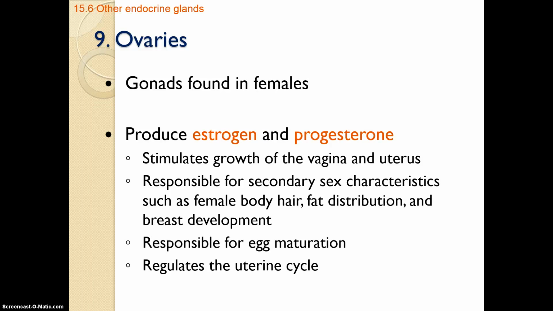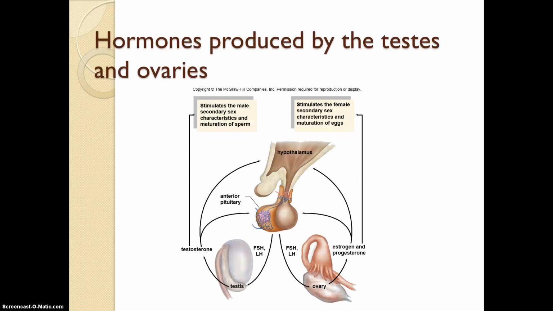For females, it's all about the ovaries, so we're talking about estrogen and progesterone. Yes, we get 2 sets to worry about, but again, they give us our secondary sex characteristics and are constantly involved in the maturation of eggs every single month.